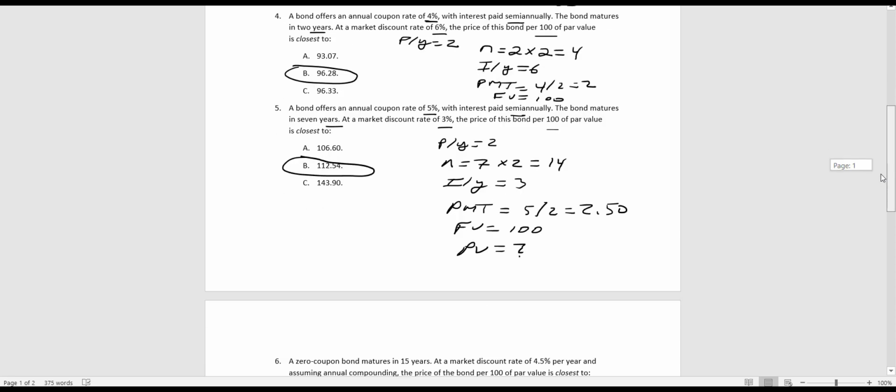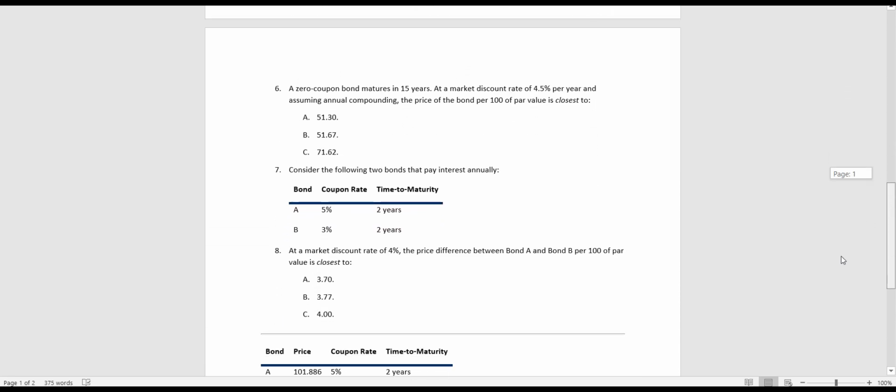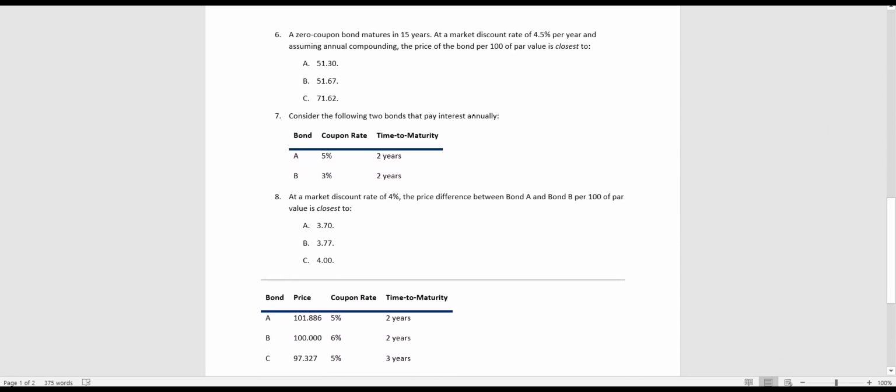All right. Scrolling down a little bit more to the further questions. Here's a zero coupon bond, matures in 15 years at a market rate of 4.5% and assuming annual compounding. Because often with a zero coupon bond, we assume semi-annual compounding.